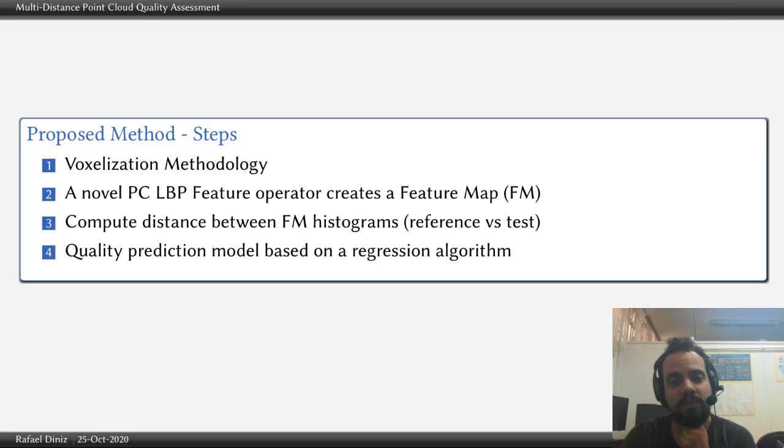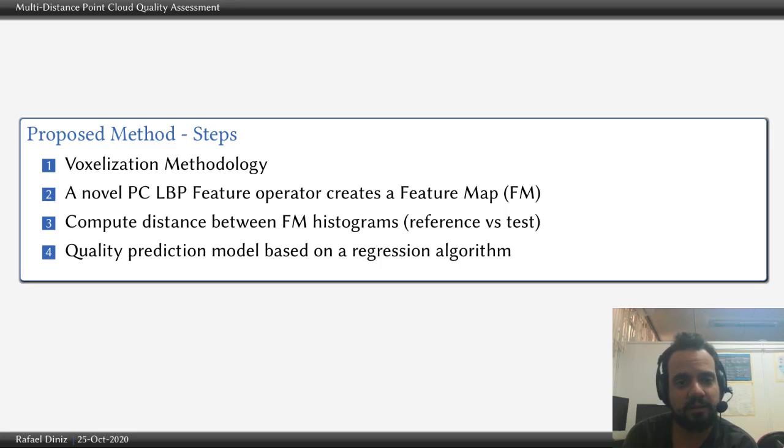So the steps of our proposed method I divided into 4 for this presentation. The first step is the voxelization methodology. The second one is the step where we create the feature map of the point cloud based on this adapted LBP that we developed.